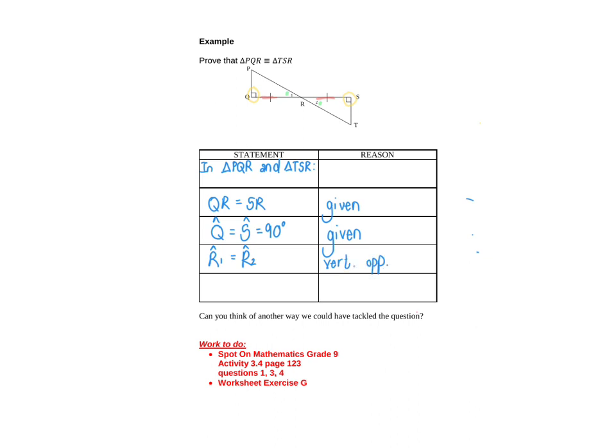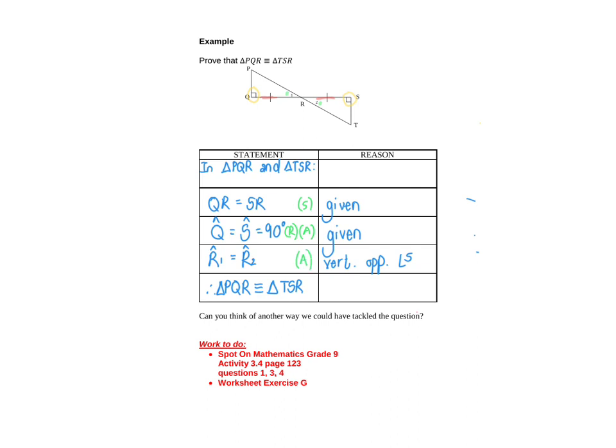Now let's write for ourselves, what have we proven here? Triangle PQR, corresponding order, is congruent to triangle TSR. Now let's see here. We know that there's a side, an angle, although it's a right angle, I'm going to write the R here, and another angle.